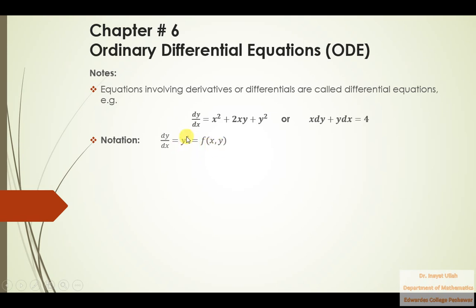Wherever there is y prime, it means that it is actually a function of x and y. Remember this notation because it will be used throughout this chapter. Y prime is a function of x comma y.